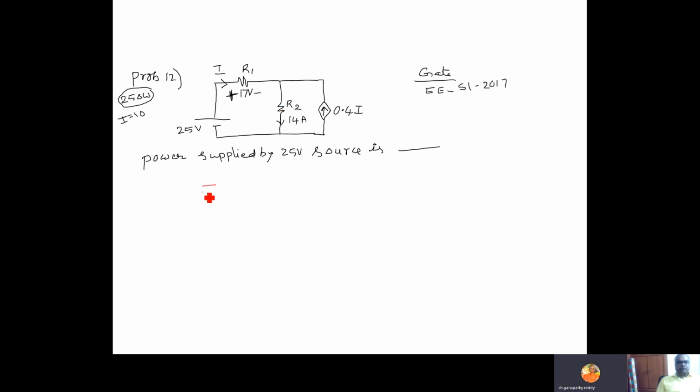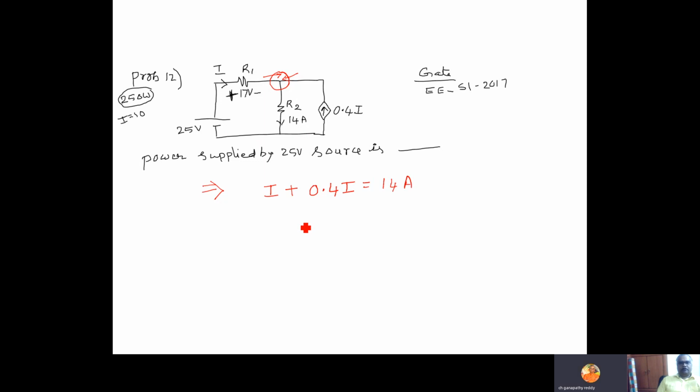From inspection of the problem, first observe and try to understand. Here I am using the current law. What is the current entering? I is entering, and 0.4 I is entering here, equal to 14 amps.